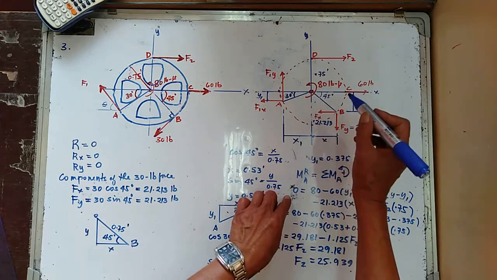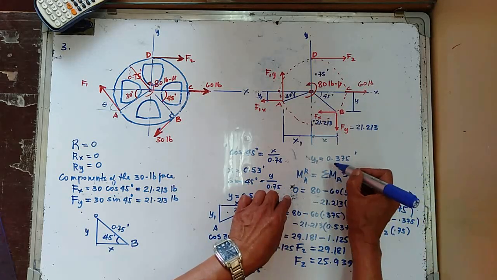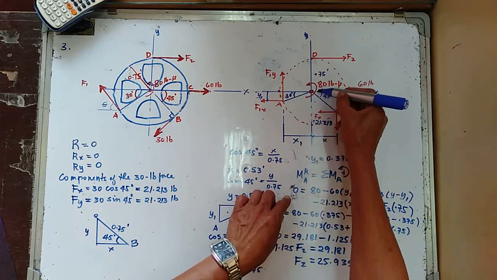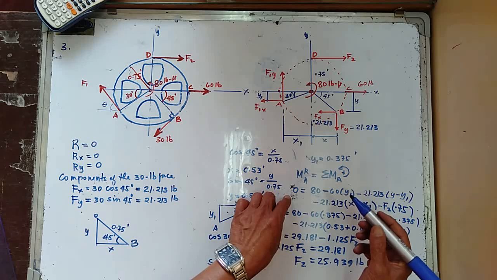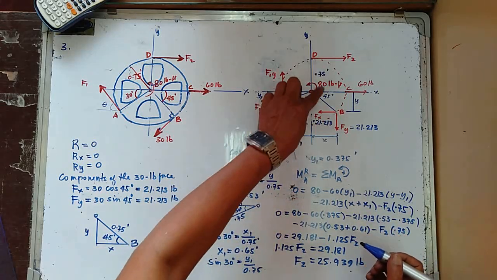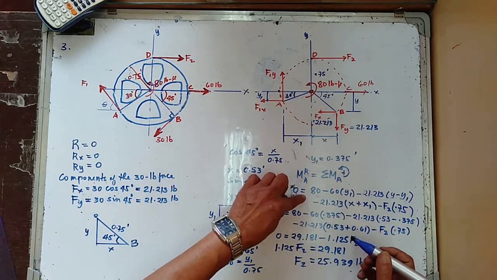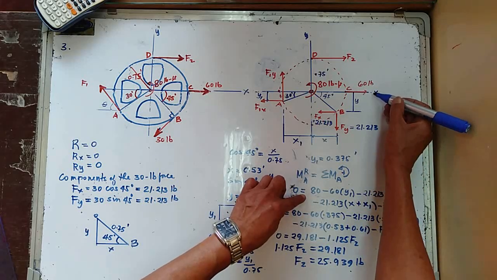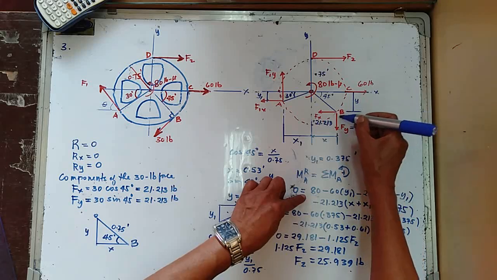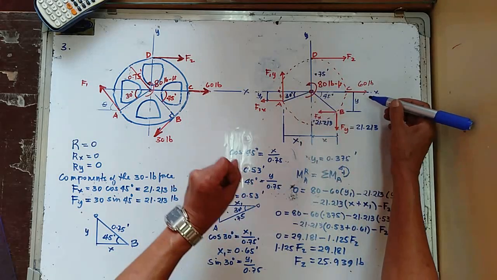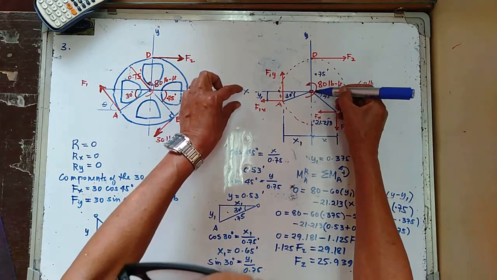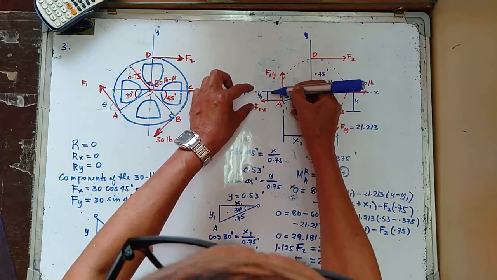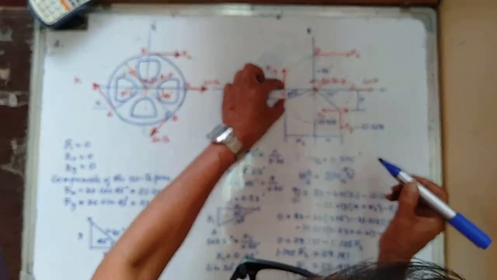Assuming counterclockwise moment as positive, we have a counterclockwise couple acting at point O, so we have positive AT. Your 60 pounds will have a clockwise moment about point A, and the perpendicular distance from the line of action to the moment center is y1.